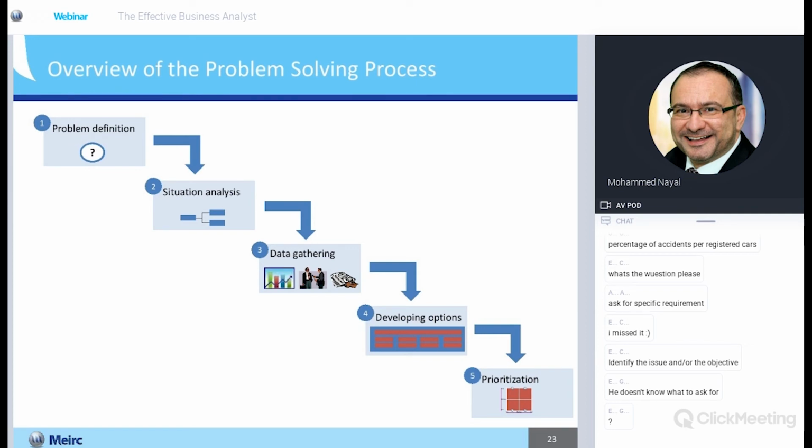So unfortunately, when the manager is not clear, whose fault is that? Type in your answer. Yes, absolutely. It's your fault. If you're the analyst and your manager isn't clear and you're not clear, it's your fault.